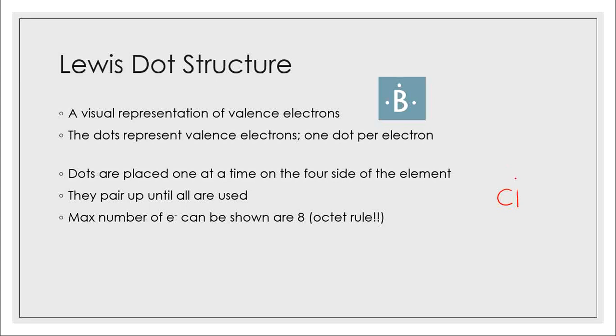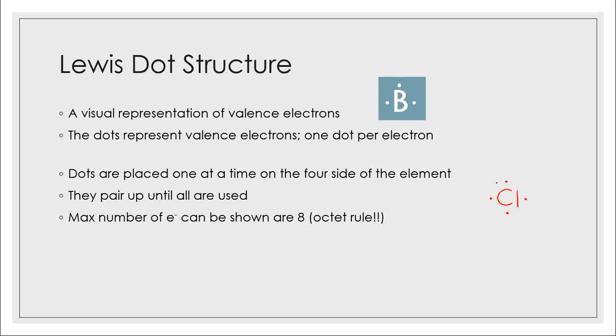Now these dots are placed one at a time around the element. You pretend that there's an invisible box around the element, and you're going to draw the dots around the sides. So 1, 2, 3, 4.